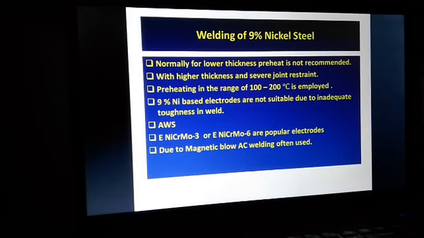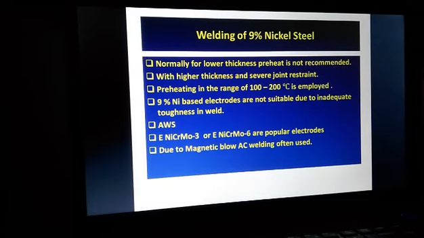Welding of nickel steel. Normally for lower thickness, preheat is not recommended. With higher thickness and severe joint restraint, preheating in the range of 100 to 200 degrees centigrade is employed. 9% nickel based electrodes are not suitable due to inadequate toughness in the weld.